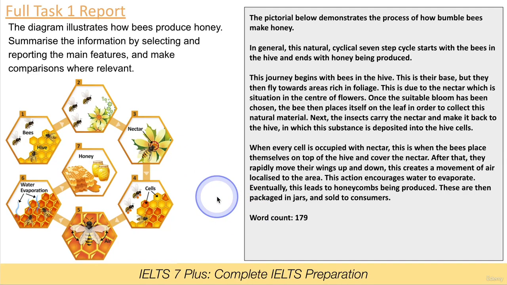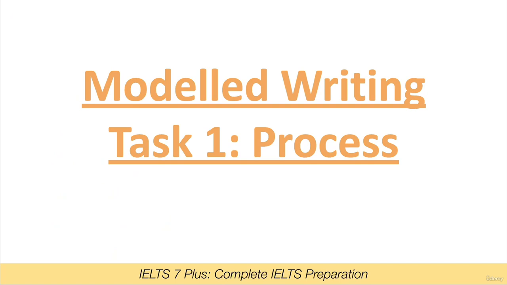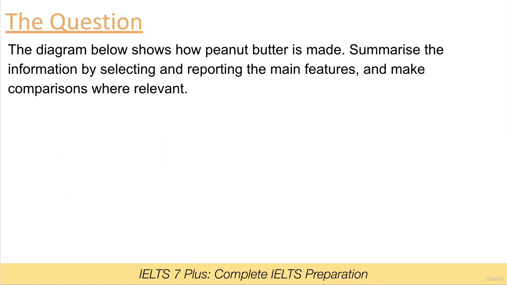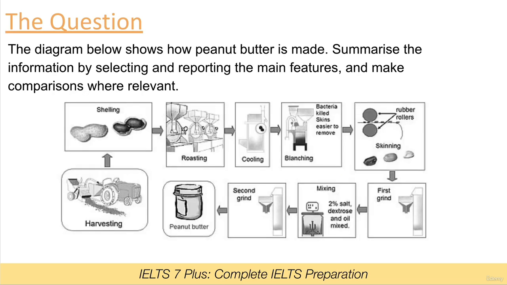Okay, well, you're in luck because we're about to do the same thing again, just with a different type of process. The diagram below shows how peanut butter is made. Summarize the information by selecting and reporting the main features and make comparisons where relevant. Okay, here we have peanut butter. And it's a 10 step process, starting with harvesting, and then it goes into shelling and roasting, cooling, blanching, skinning.